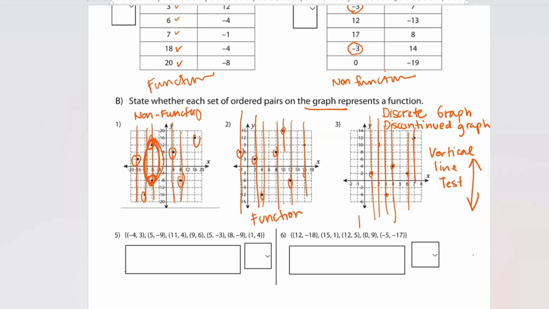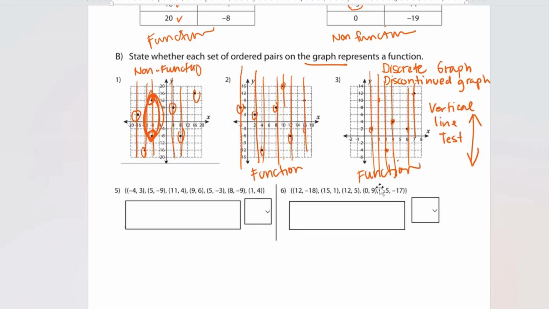So this is a function too. All right, so you understand. We call this the vertical line test. You need to draw a line vertically. It happens that this is discrete. We can also do this using a continuous graph. Later on, we have an example for that.